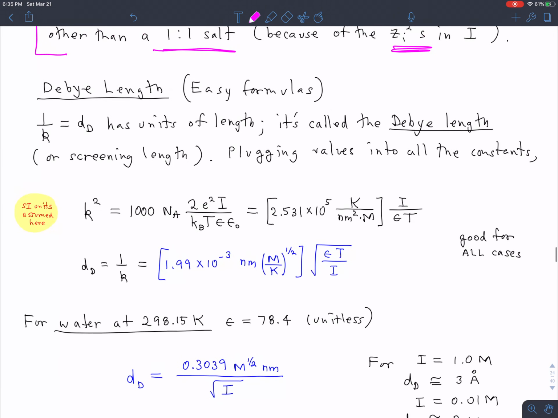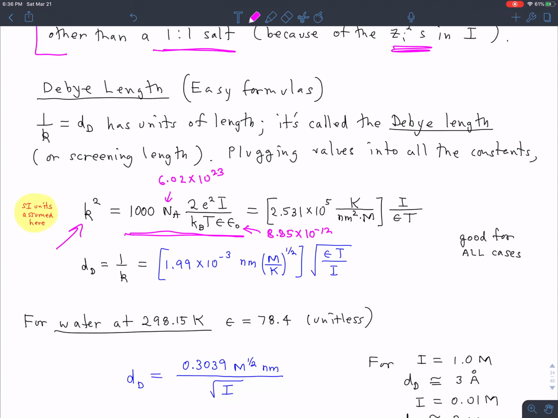All right, finally, let's see if we can calculate Debye lengths in some not horrible way. Here's the formula for kappa, actually kappa squared. It's got all these constants in it. This one, for example, is 8.85 times 10 to the minus 12, and they all have to be put in SI units, and this is 6.02 times 10 to the 23rd.